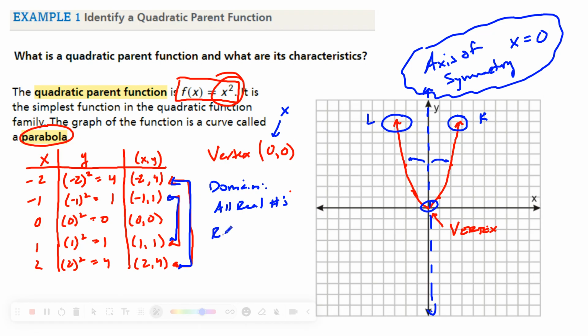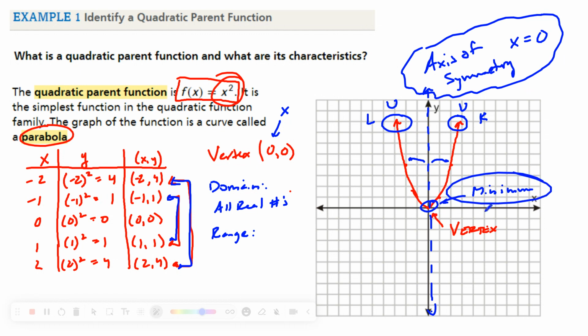Now the range, on the other hand, has a limit in one direction, because both of these arrows are going up in this case. Because they're both going up, that means that this y value right there is a minimum. That is the smallest value you can be.